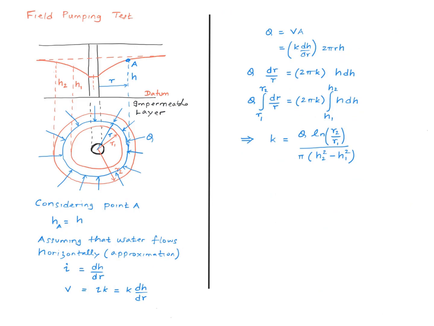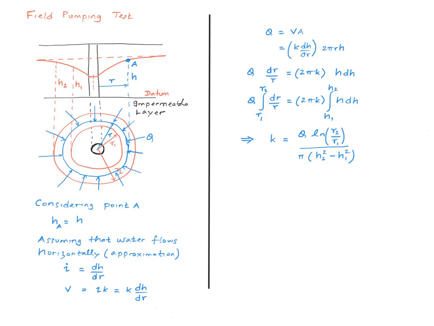Now let's talk about field pumping test. The equations vary depending on the exact nature of the layer configurations in the field, but here I'm going to assume that we have a homogeneous soil and there is an impermeable layer at the bottom.